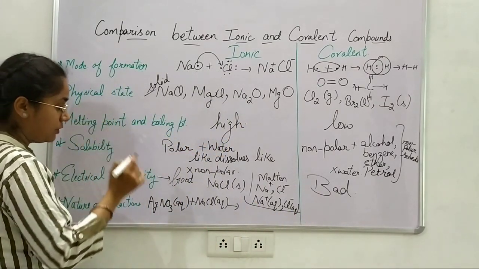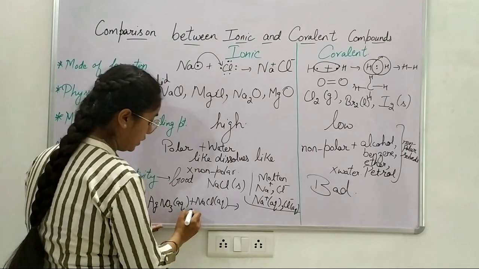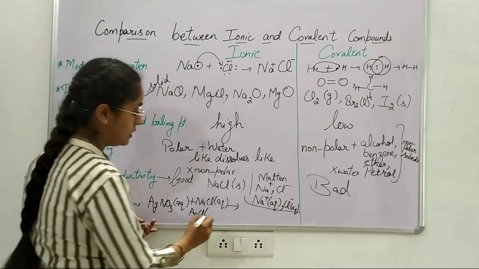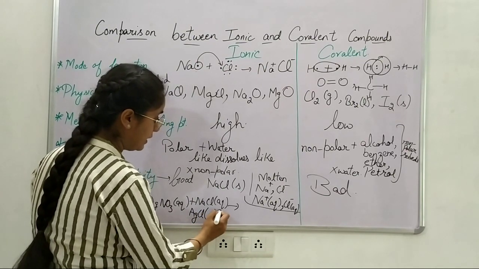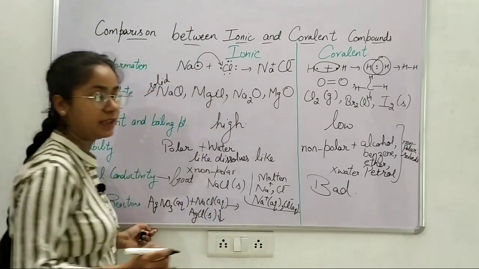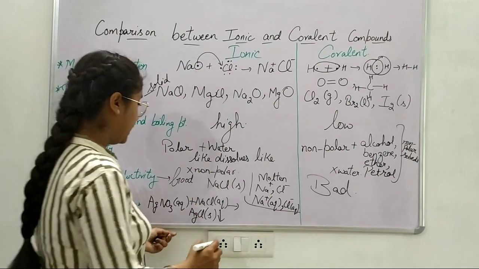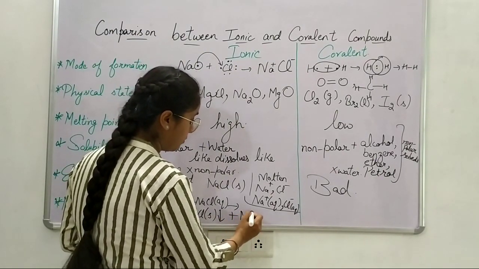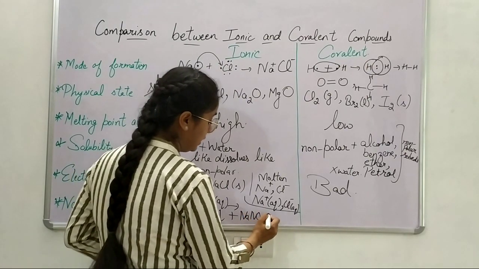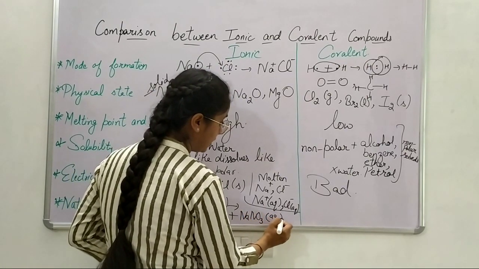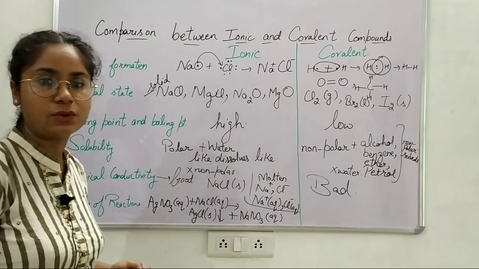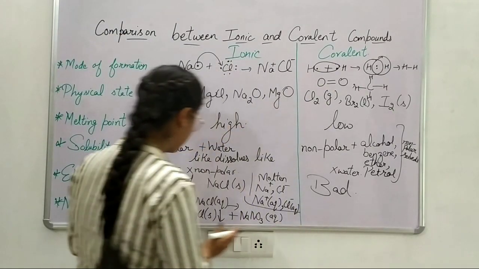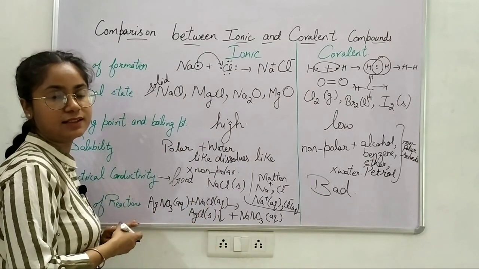There will be silver chloride, which is in solid state, and it deposits at the bottom, forming the white precipitate. Plus one more thing would be formed, which is sodium nitrate, which remains dissolved in the solution, forming an aqueous solution.